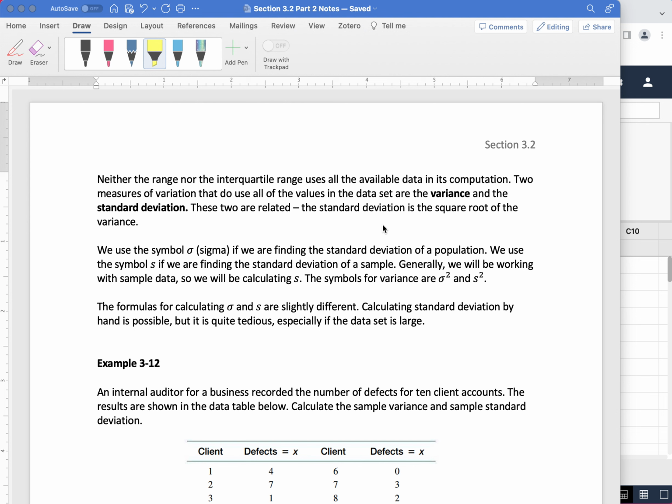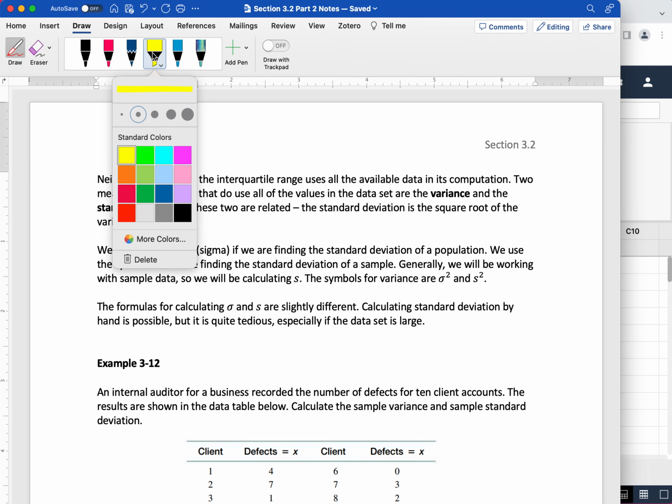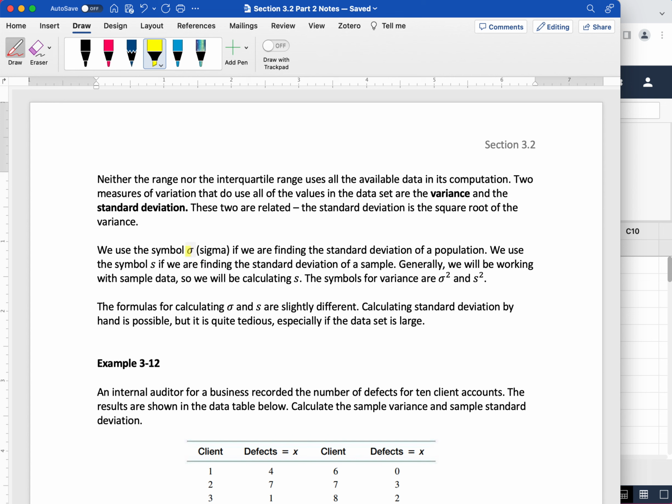We have two symbols for standard deviation, and these are really important to recognize because we're going to be seeing them throughout this course. The first is the Greek letter sigma, which is kind of like an O with a tail on the upper right side, and that is for if we are finding the standard deviation of a population. We use S if we are finding the standard deviation of a sample.